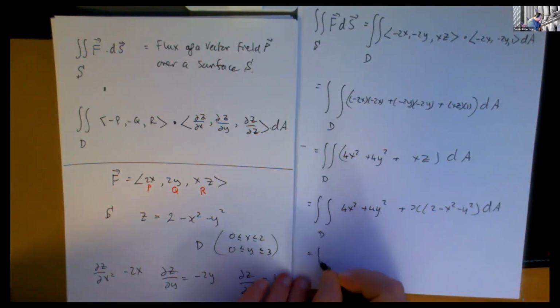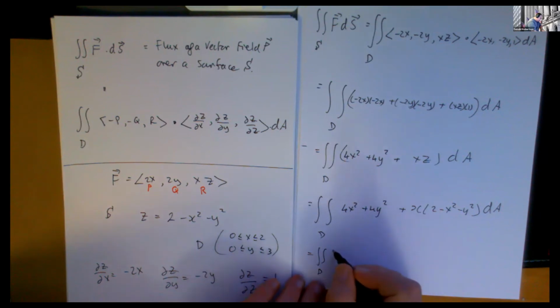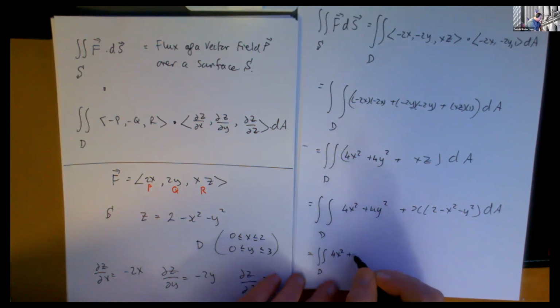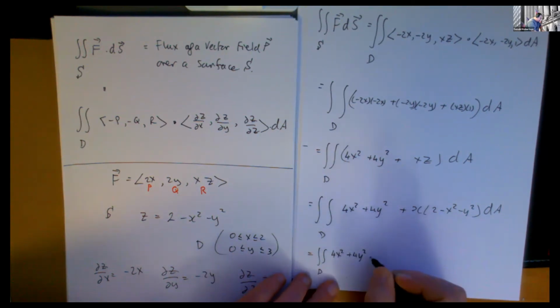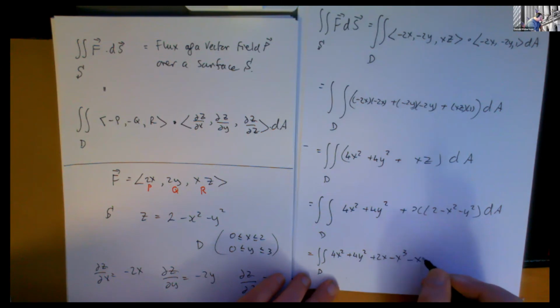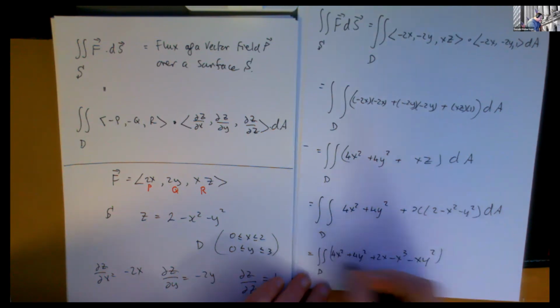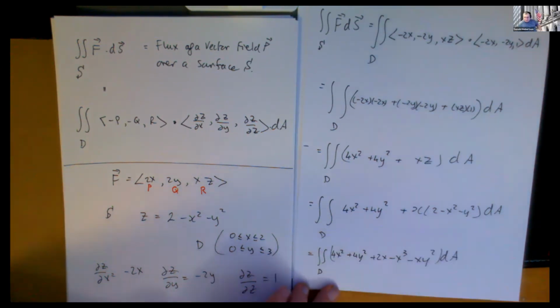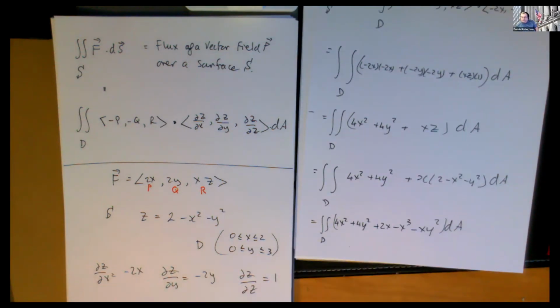So we've got a double integral over D of 4x squared plus 4y squared plus a 2x, take away an x cubed, take away an xy squared dA. Now, it might look messy, and certainly it is messy, but it's now doable, isn't it?